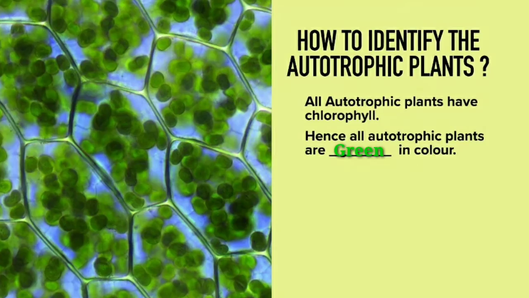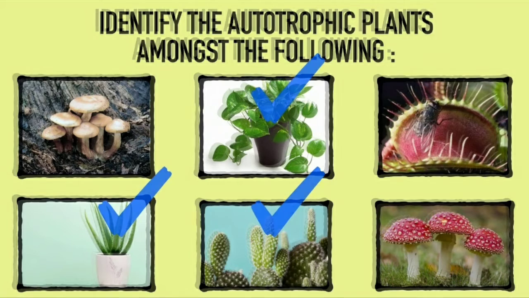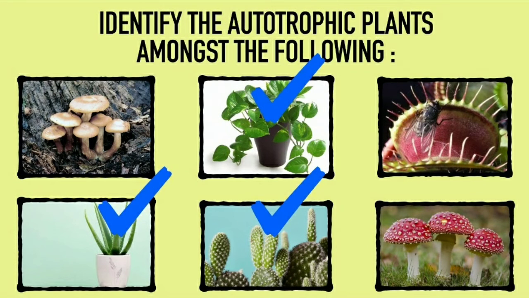Now, children, identify the autotrophic plants amongst the following. Can you identify? Correct. The second one, fourth and the fifth one are the autotrophic plants. Absolutely correct.